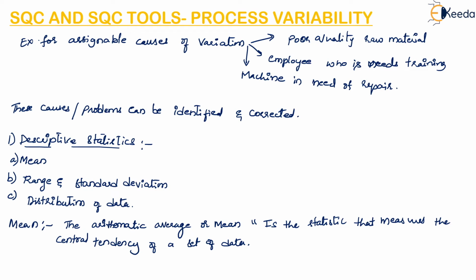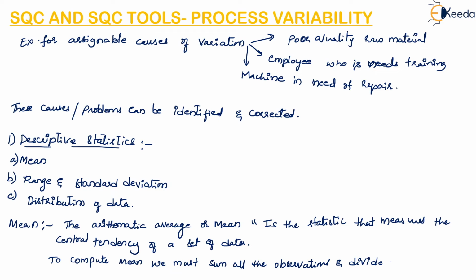Knowing the center point of a set of data is very important. To compute the mean, we must sum all the observations and divide by the total number of observations.